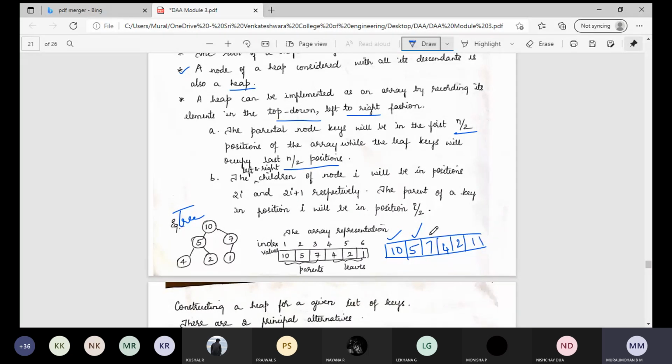Just observe here: the first n by 2 part is occupied by the parent nodes, and the last n by 2 part is occupied by the leaf nodes. Always keep it in mind. This is the array representation of this particular tree.